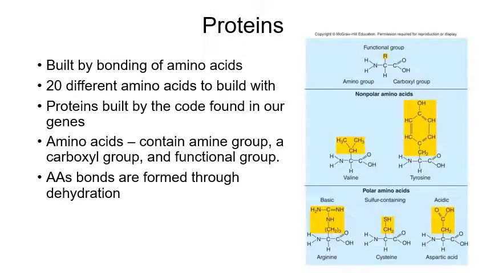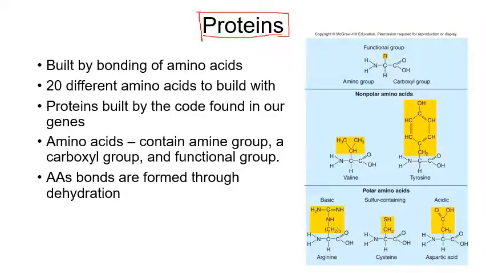So now the functional molecules, the ones that do a lot of the functioning in the body, are your proteins. Okay? And everybody's heard of DNA, genes. Genes are basically codes for putting our proteins together.